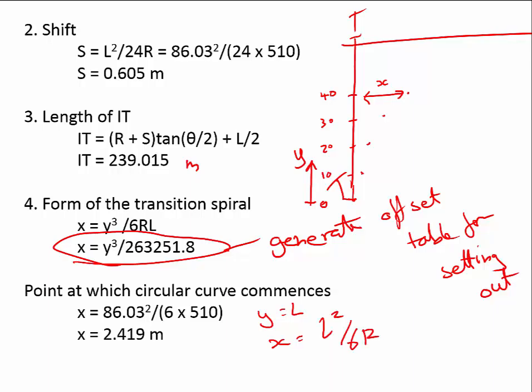And that gives us an offset distance, so we go all the way up to y is equal to L, and then that final offset distance there is 2.419 meters. That allows us to plot our transition curve. And at this point, the circular curve will then start.